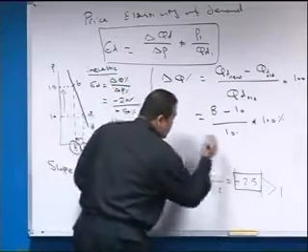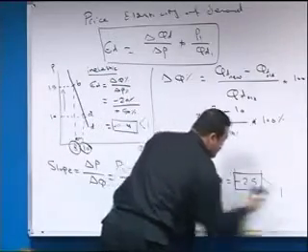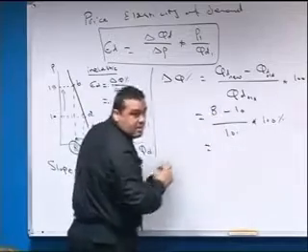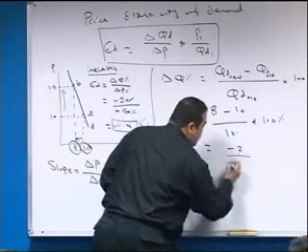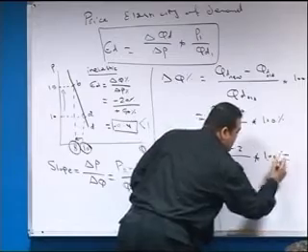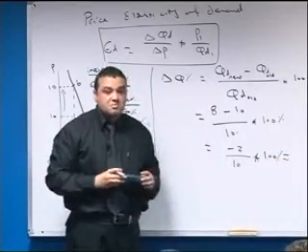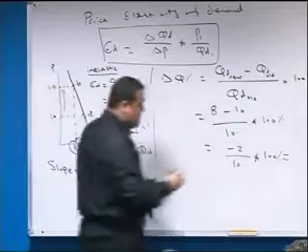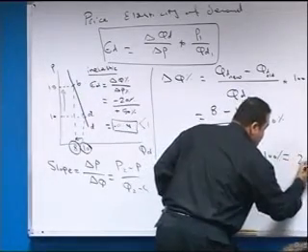So it equals 8 minus 10, minus 2 over 10 times 100, equals how much? Minus 20%. Yes, minus 20%.